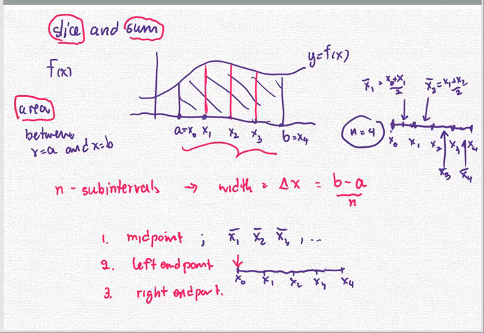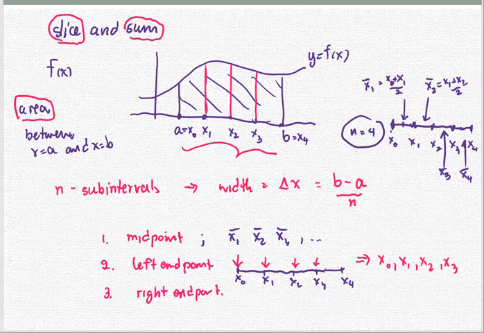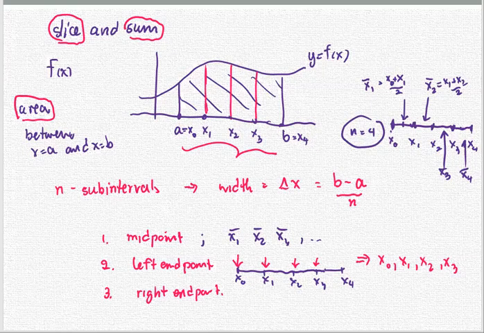For the first one, between x0 and x1, the left end is x0. And then for the second subinterval, the left end is x1. And the same. So you're gonna use x0, x1, x2, and x3 as the points of calculation for the left endpoint.